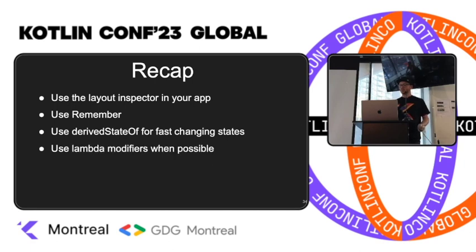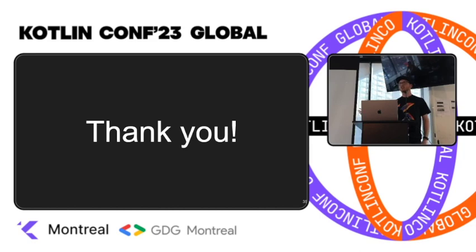And use lambda modifiers when possible so that you skip the composition and layouting phases. So usually recomposition problems majorly refer to these steps. So it's usually the same thing every time. So that's it. Thank you.